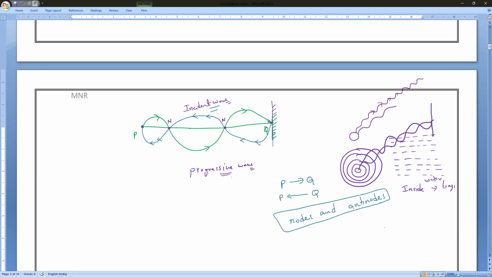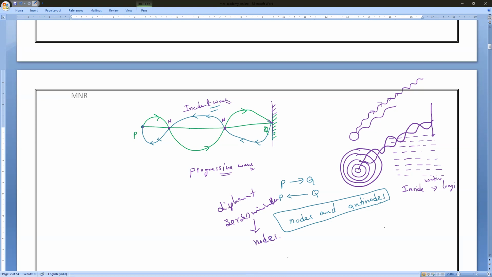Clear? Understand? So where the displacement of a vibrating particle of the medium is zero or minimum, that is the point which we call a node. So please remember.